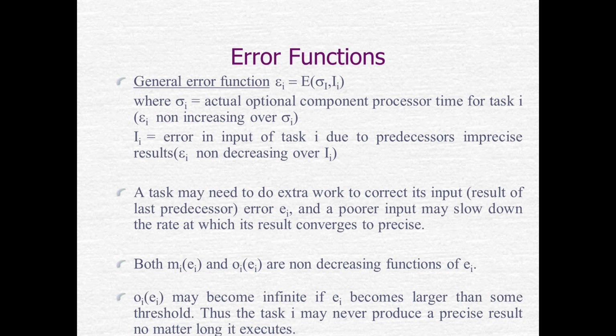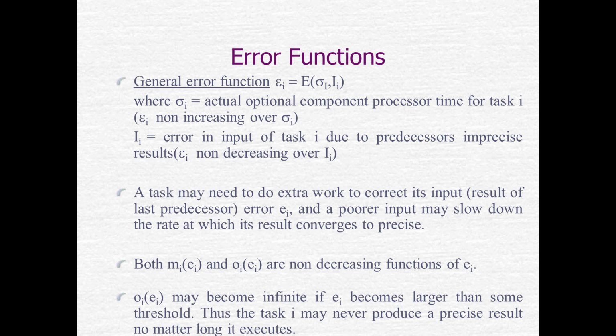A task may need to do extra work to correct its input error epsilon_i, and a poorer input may slow down the rate at which its result converges to precise. Both mandatory and optional execution times are non-decreasing functions of error.